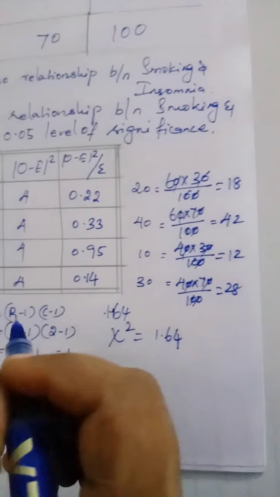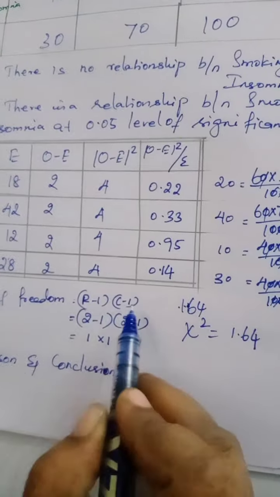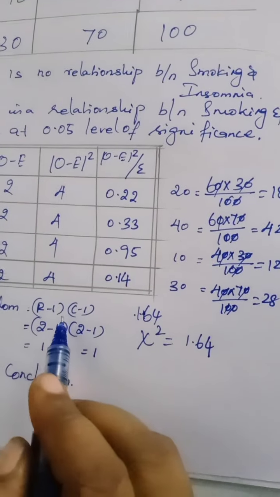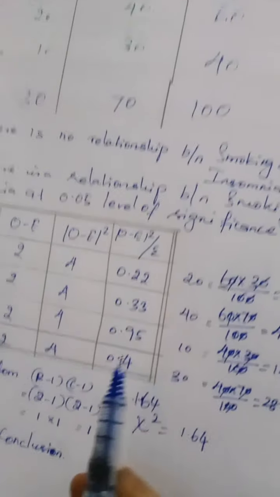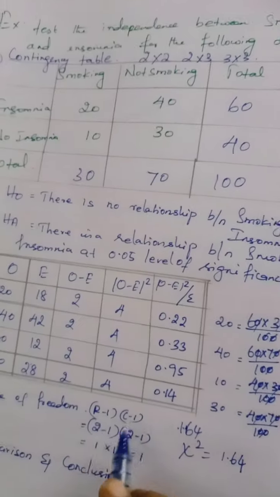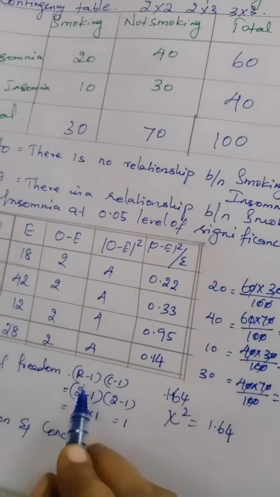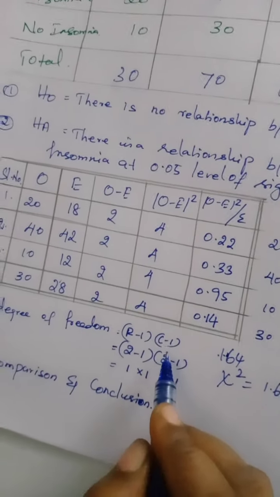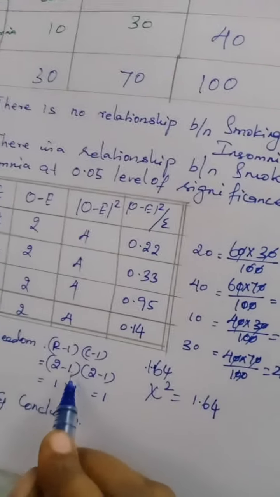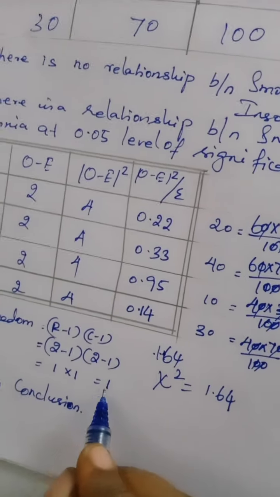Now we have to see the degree of freedom. In a t-test we used n minus 1, but here it is categories minus 1. So row minus 1 and column minus 1 is the way we calculate the degree of freedom. We have two categories in the rows and similarly two categories in the columns. So 2 minus 1 into 2 minus 1 is equal to 1.